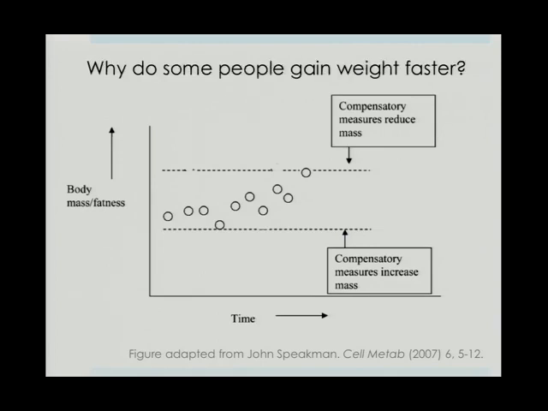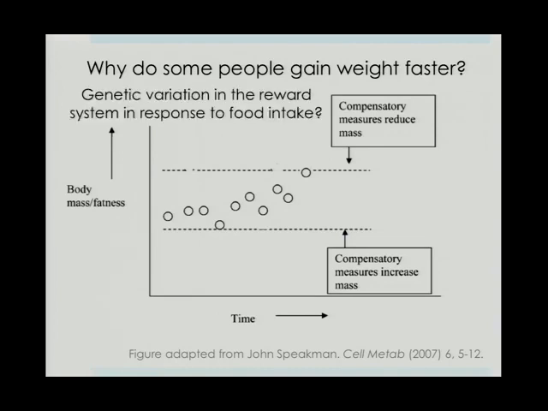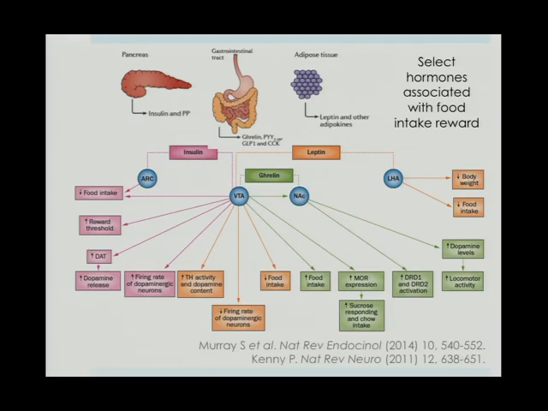So why do some people gain weight faster, or younger, you could say? Could genetic variation in the reward system in response to food intake be the reason behind this? There are more than 20 regulatory gut and adipose hormones that have a wide variety of functions related to food intake.